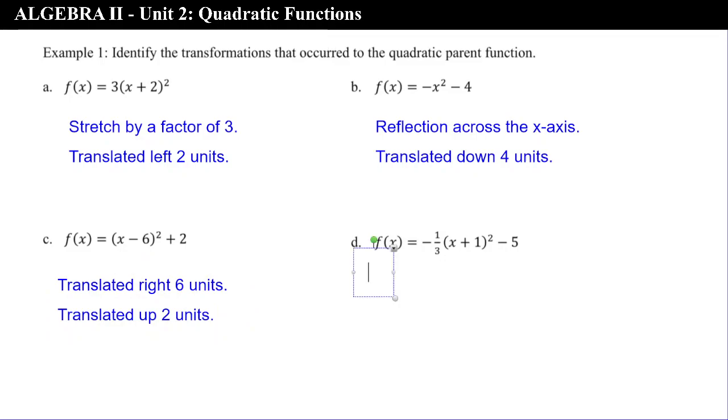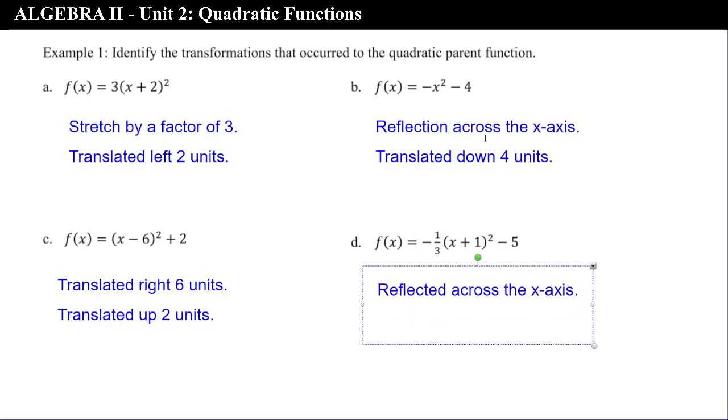And then finally, in this last example, we have a couple of things going on. We've got a negative out in front, so that tells us that it's reflected across the x-axis. We have a 1/3 out in front. Since it's between 0 and 1, that means we are compressed vertically by a factor of 1/3.